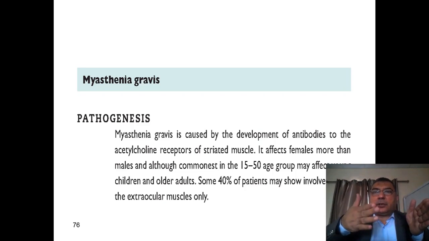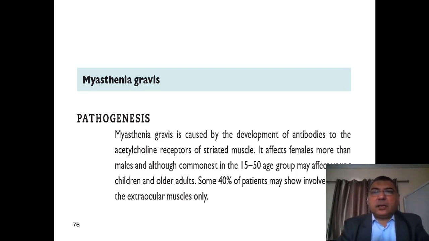At the end of the day, the deviation will appear. When we examine the extraocular motility, we will find defective movement of extraocular muscles. This defective movement is corrected if we apply an ice bag to the deviating eye. It will become straight again.